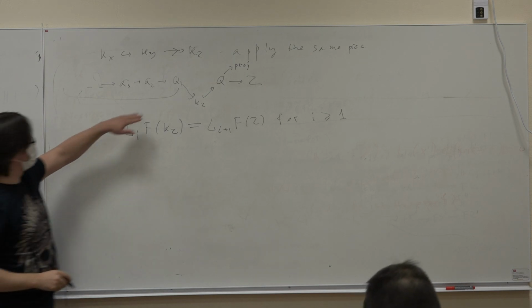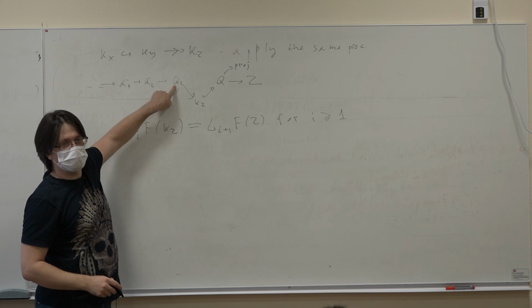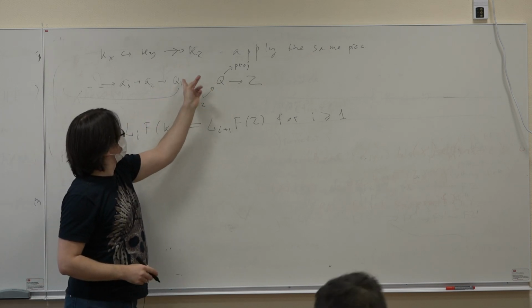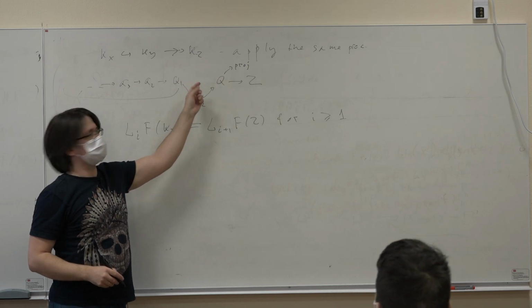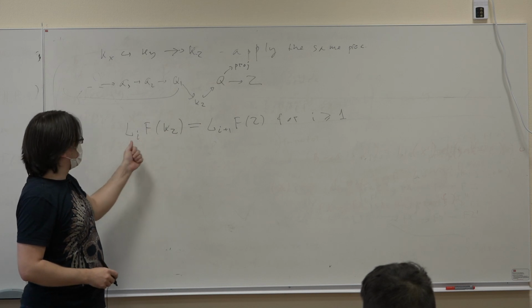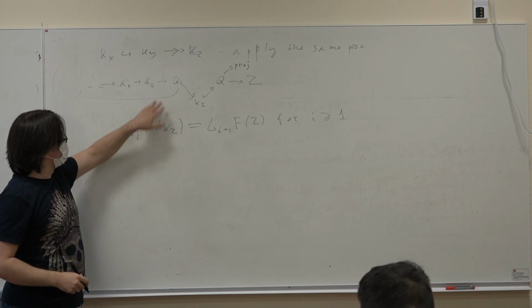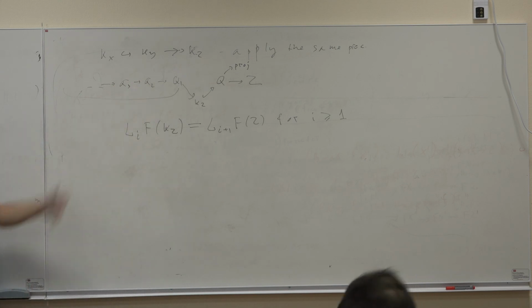Because for i equals 0 you calculate homology here, and for that you have the map from Q1 to Q, so it differs. And for kz you don't have this map. But for i starting from 1, you calculate them in the same way.